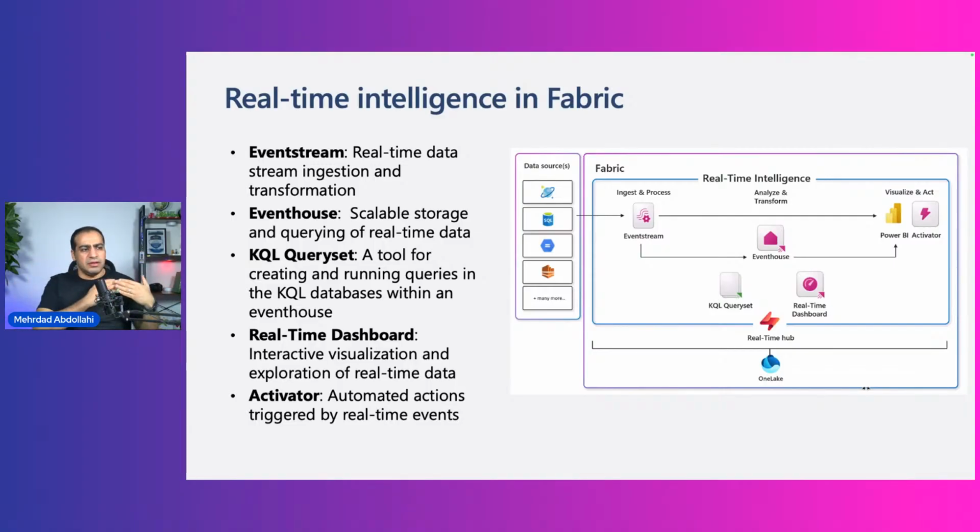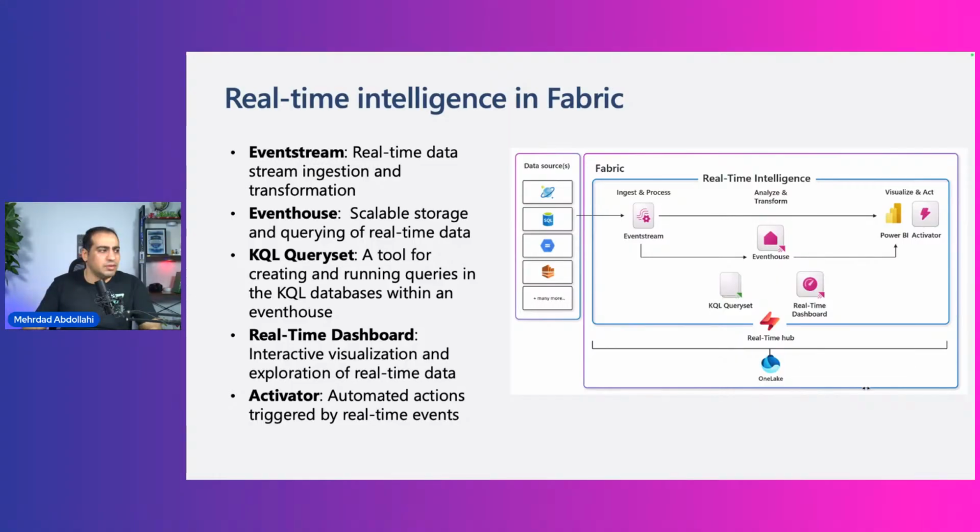Alongside that, we have the KQL query sets, where we can write our KQL queries and create the real-time dashboard on top of those KQL queries. The data is sitting in OneLake for an eventhouse. However, in the event stream, the destination can also be a lakehouse.